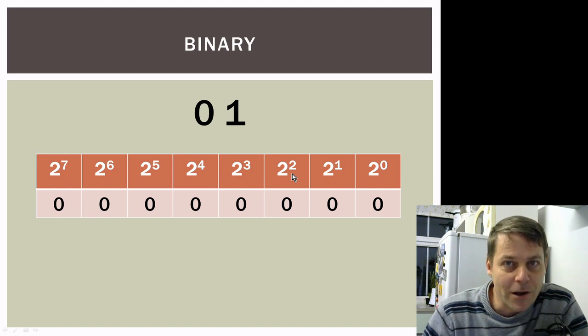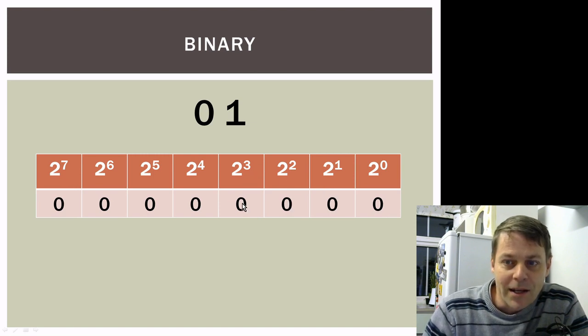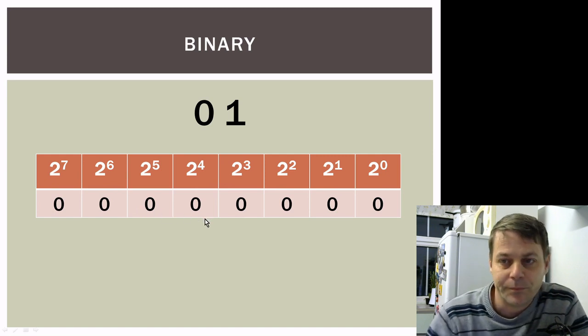But because it's binary and we've only got 2 digits, we have 2 to the power of 0, 2 to the power of 1, etc. 2 to the power of 0 is 1, as anything to the power of 0 is 1. 2 to the power of 1 is 2, and then to the power of 2 is 4. And each time we double, so we have 1, 2, 4, 8, 16, 32, etc.